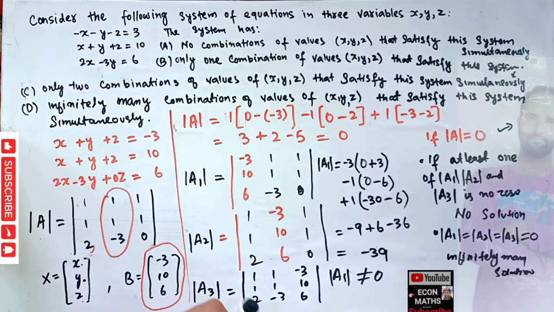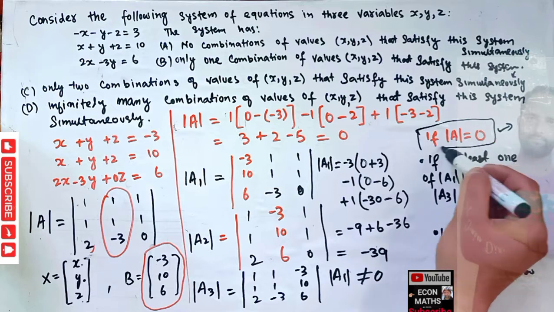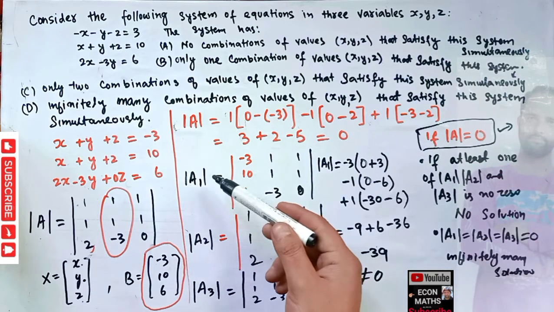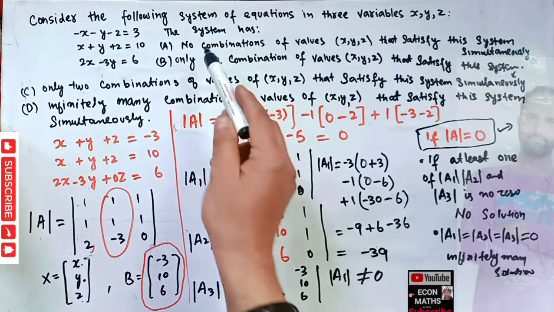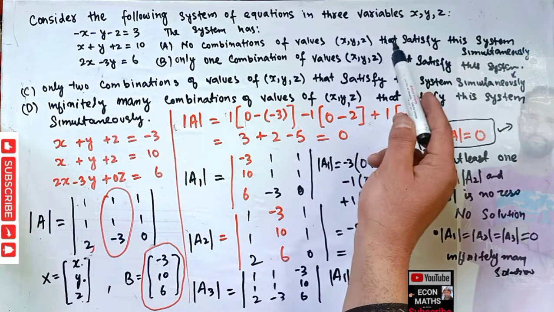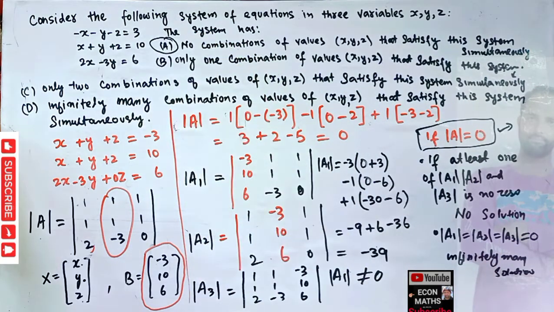So we got that the determinant of a is equal to 0, and at least one of a1, a2, a3 is non-zero, which we saw here. So we can say there is no combination of values x, y, z that satisfies this system simultaneously. I guess this option should be right if I have done the calculation right. Otherwise, my calculation cannot be guaranteed at times.